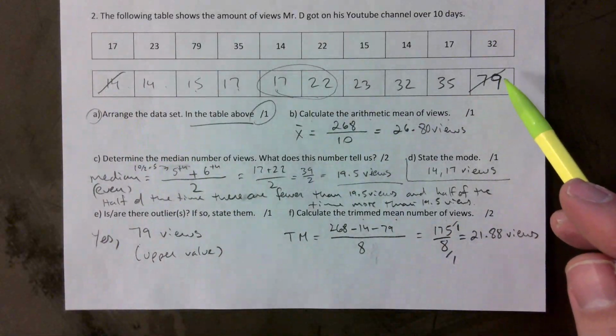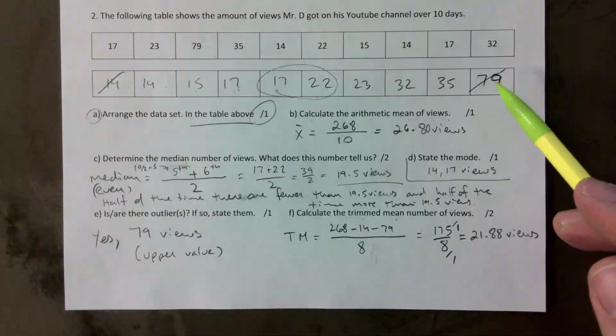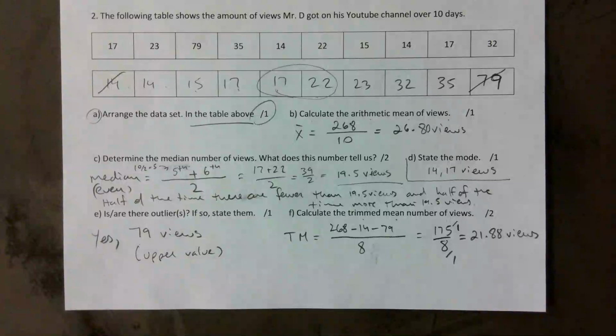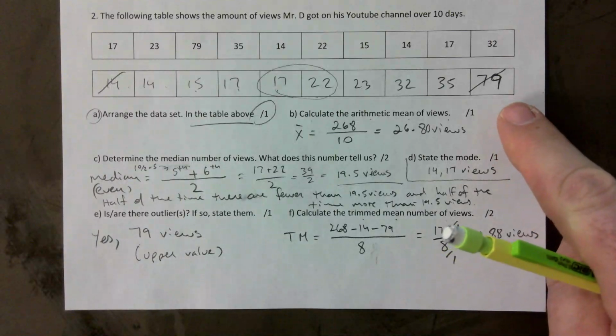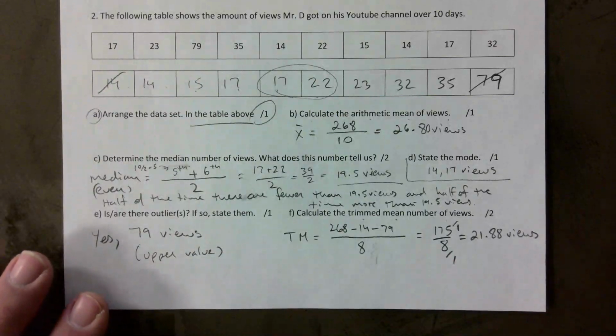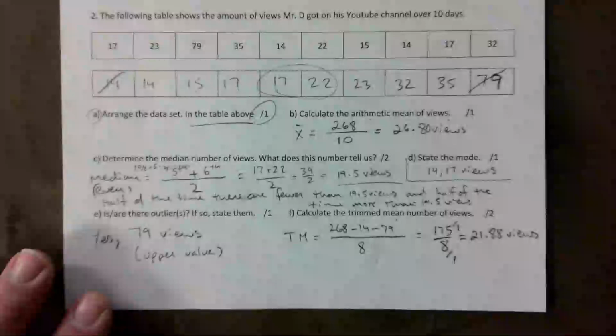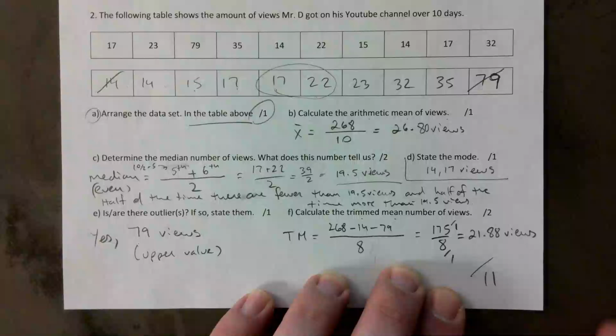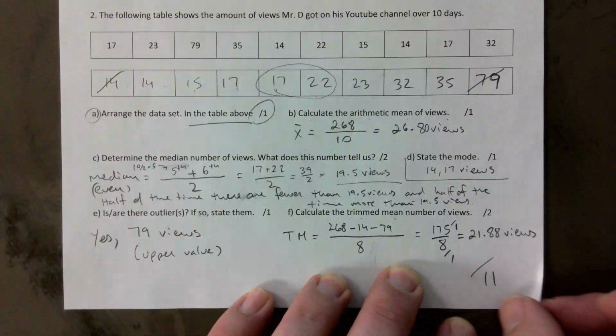This has the most pull, right? On a tug of war, this is like your strongest person on the end, pulling and winning the fight. If you remove that one, it's going to go over to the other side. So that's why it's like that. So this page is worth 11 marks. 11 marks for this page.